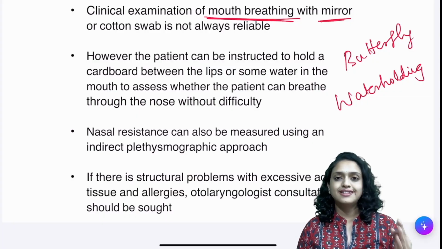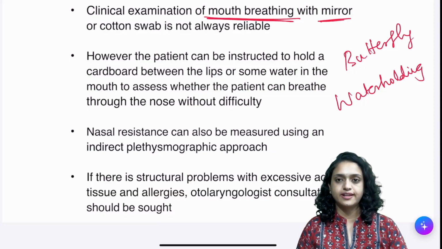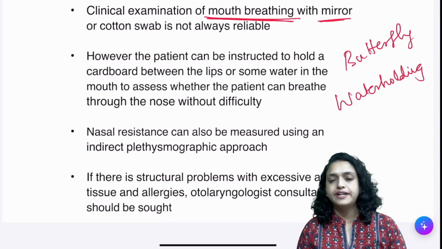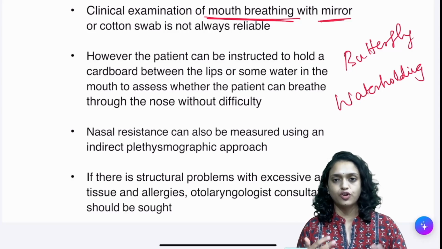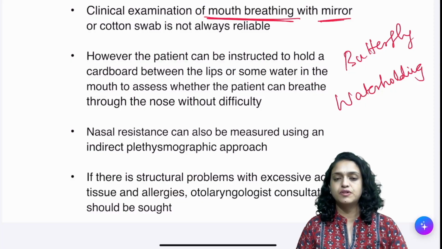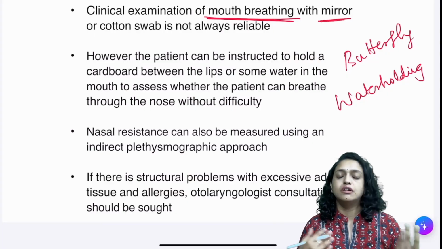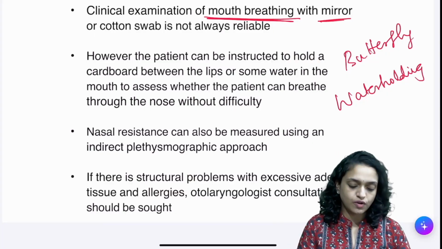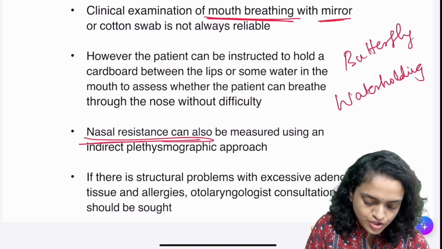So these are three very simple chair side techniques to give you an idea of whether the patient has mouth breathing or not. But these tests are not very reliable, because sometimes the patient, due to anxiety, can breathe through the mouth. So we need to do a nasal resistance test.